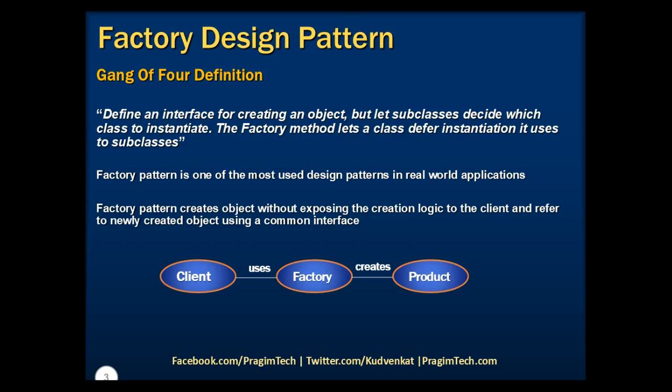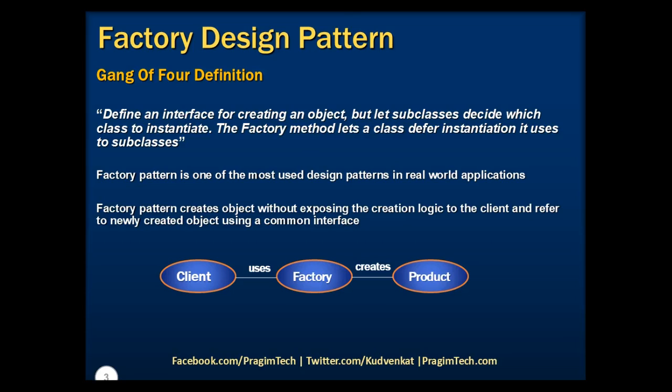As per the Gang of Four definition, in factory pattern, we define an interface for creating an object, but let subclasses decide which class to instantiate, which means the factory method lets a class defer instantiation it uses to its subclasses. From the above definition, we can state that factory pattern creates object without exposing the creation logic to the client and refer to the newly created object using a common interface.